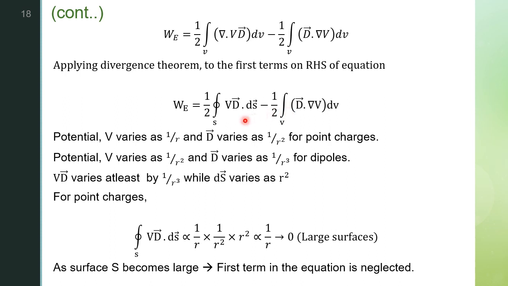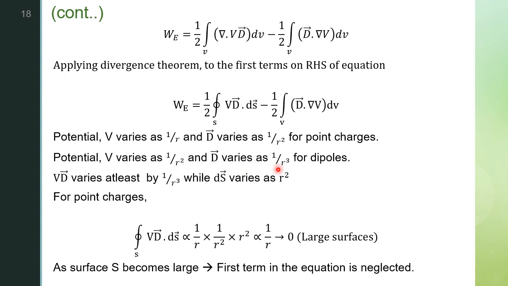Now, when you consider the first term, we have V D dot dS. We have already learned the potential and flux density for a point charge. When you consider a point charge, the potential is inversely proportional to R and the flux density is inversely proportional to R square. Now if you consider a set of two charges called a dipole, then the potential varies as 1 by R square and flux density varies as 1 by R cube.